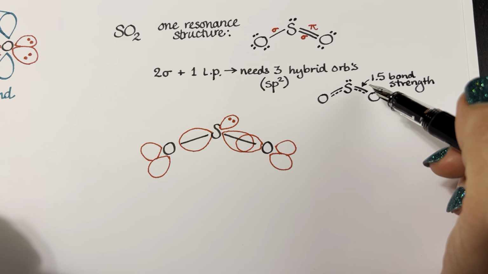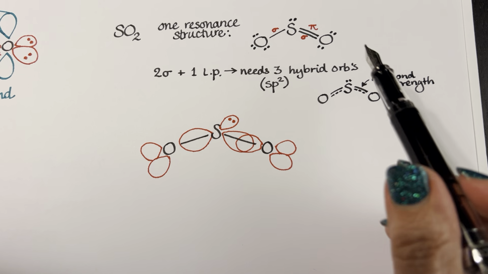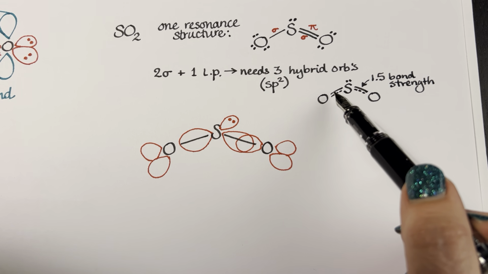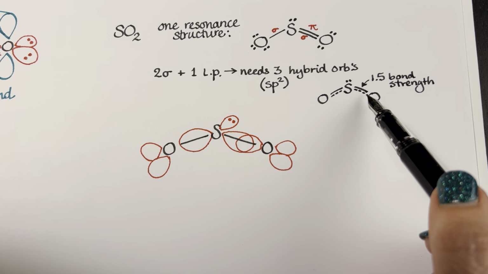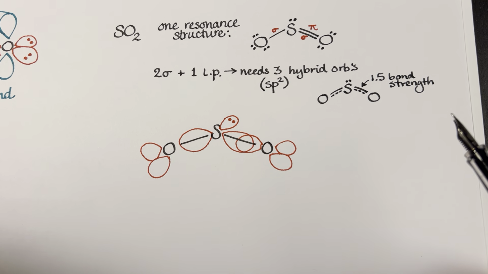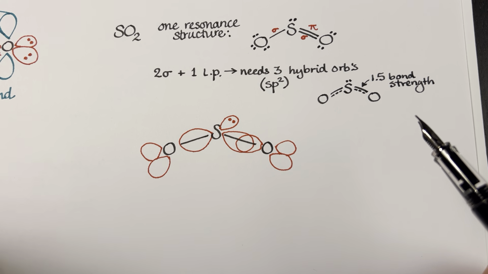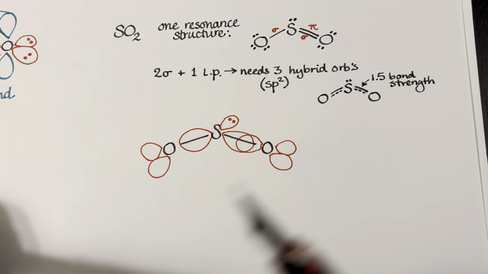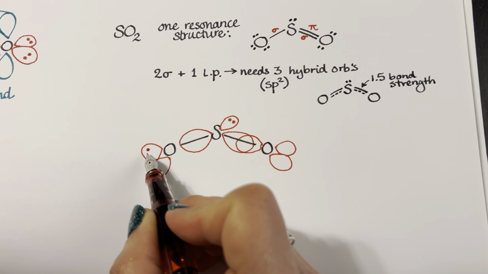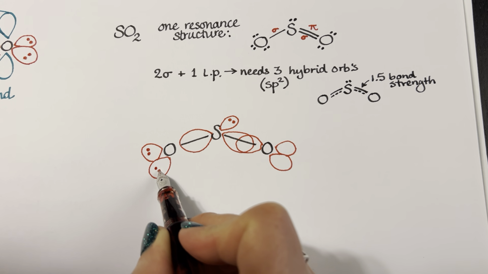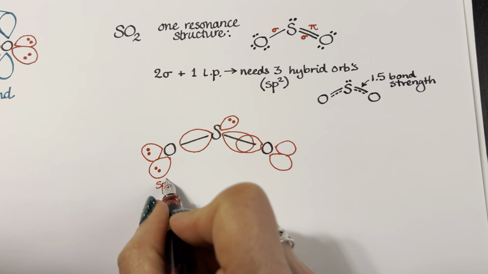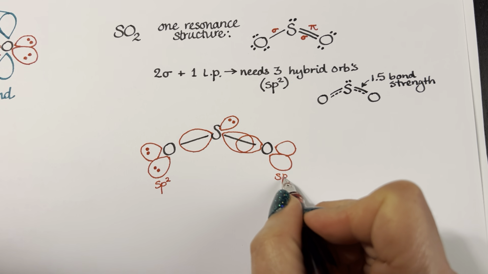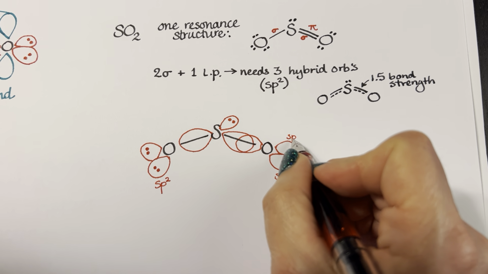The way that happens with the resonance is because this electron pair is delocalized. It is shared on both sides. And so let's finish up with the lone pairs on the oxygens. These are sp2, sp2. All of these are sp2.